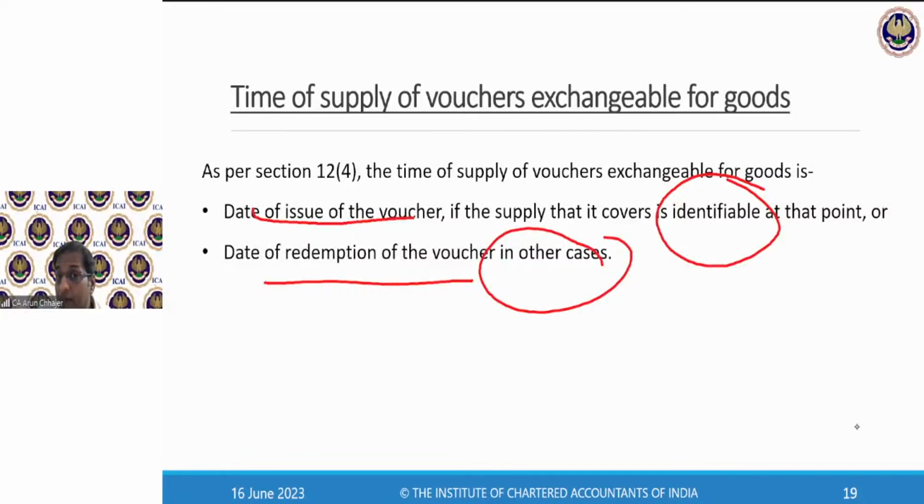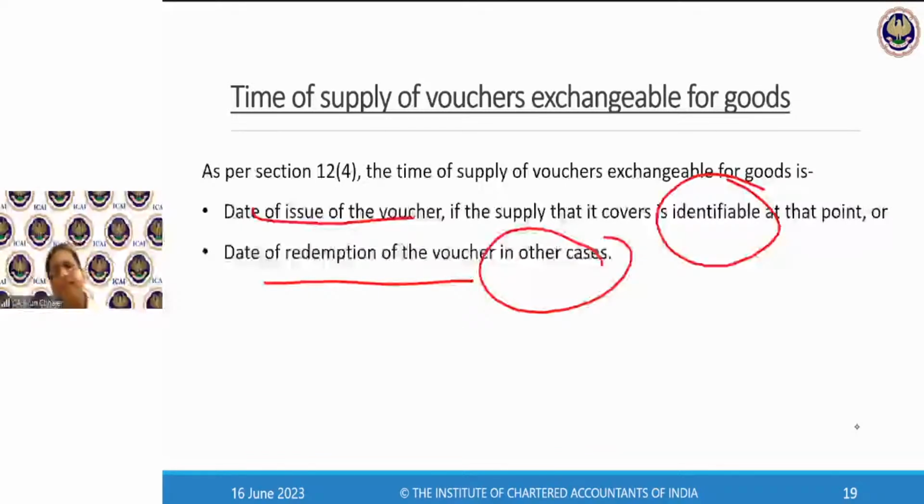It means I have issued the voucher which is identifiable that on redemption you are going to get what kind of goods. So meaning thereby, if the voucher is being identifiable, then date of the issue of the voucher would be the time of supply. Otherwise, date of redemption.